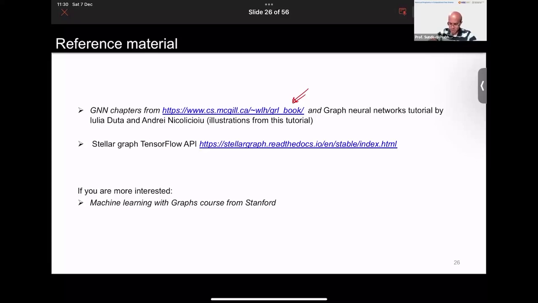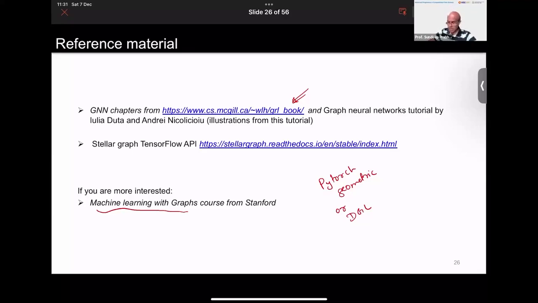If you're interested, there is also a nice set of video lectures out there on machine learning with graphs. There are tools from TensorFlow, there's Stellar Graph. If you're interested in PyTorch, then there is something called PyTorch Geometric or Deep Graph Library, DGL, maintained by Amazon.